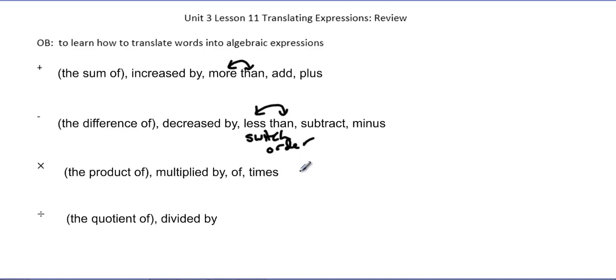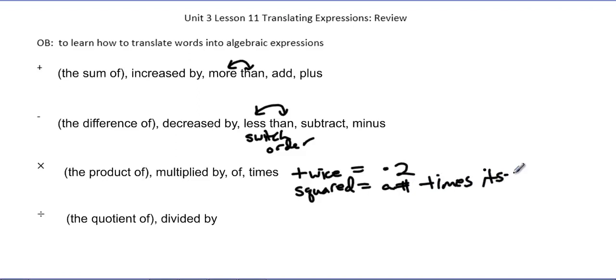Something else under multiplication we could have is twice, which is very specific multiplication. It's multiplication times 2. Also under multiplication we could have squared, which means it's a number times itself, which we could look at like this, x squared.